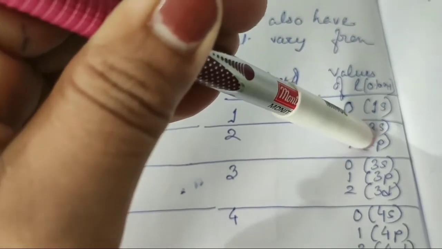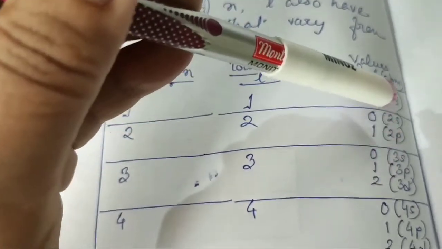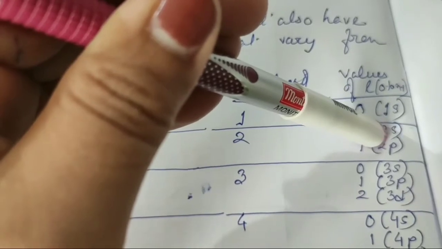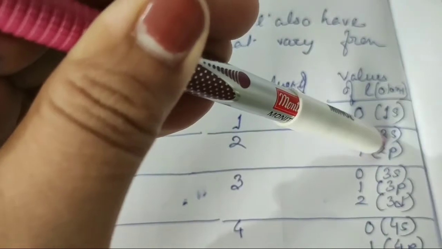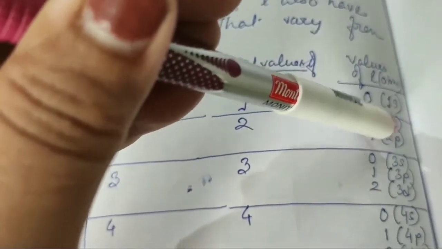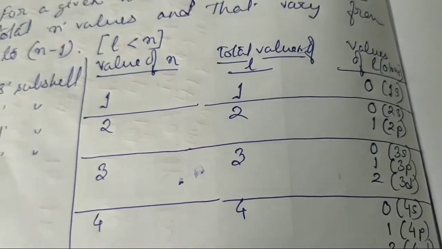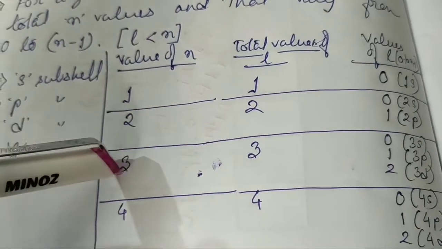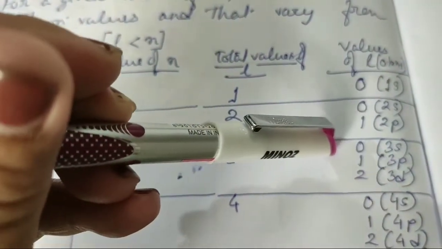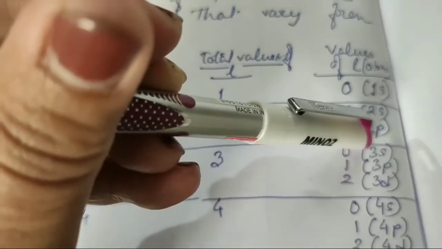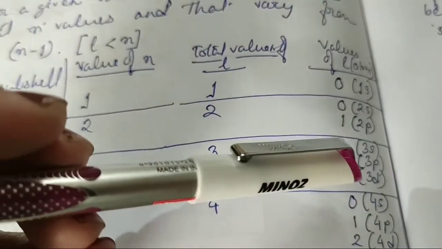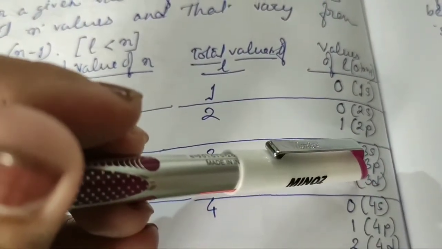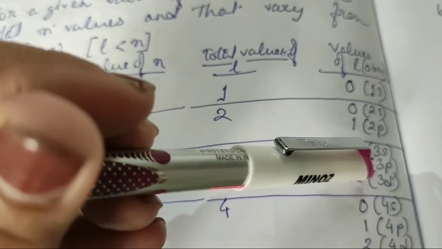First, the shell is 2, that means the value of n is 2, and the value of l will be 1 because it is p. Similarly, for n equal to 3, we can have 3 subshells, 0, 1, 2, and those will be 3s, 3p, 3d. Suppose 3d, what information will you be able to know? That means the value of n is 3 and the value of l will be 2.